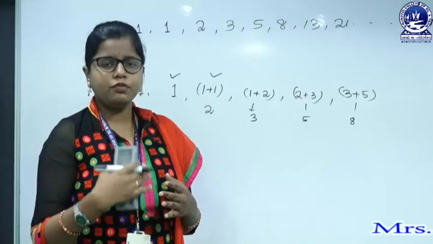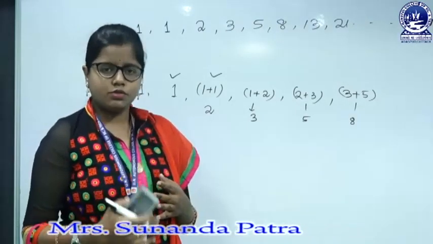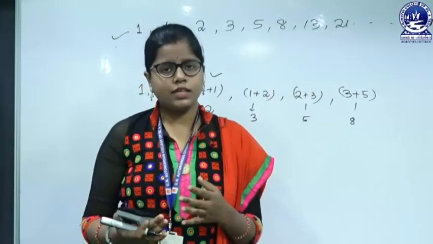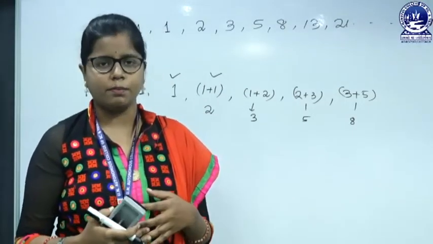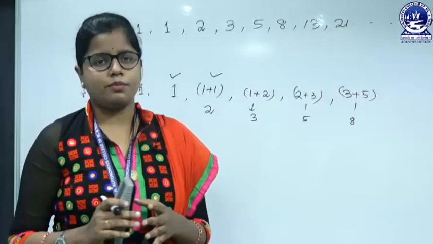So we have to find out the nth term. For that we should have a control variable, that is a counting variable that will count how much of the Fibonacci series we have. When we get the nth term, at that time we have to stop there.